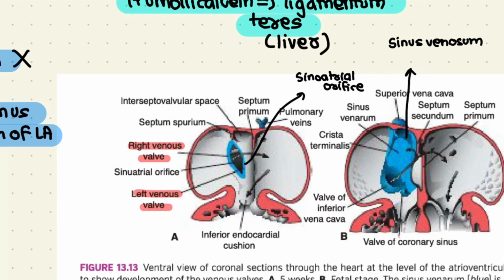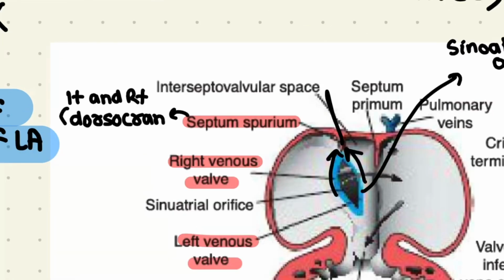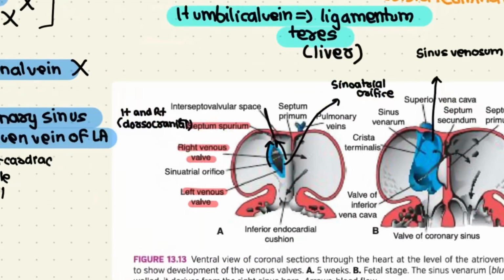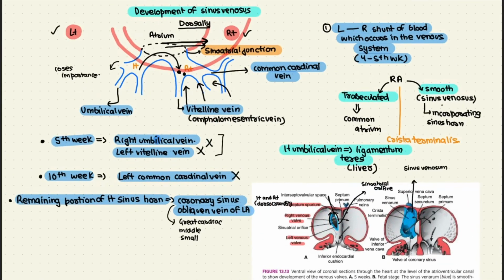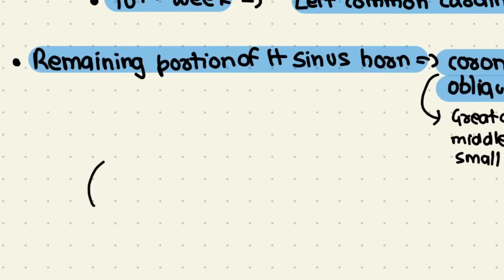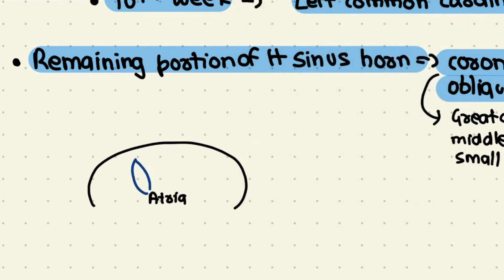Now these two venous valves, the right and the left venous valve, fuse dorsocranially to form a septum known as the septum spurium. The remaining portion of the left venous valve, along with the septum spurium, as we will see later on, if we draw this to be the common atria and we are incorporating the sinus venosus, this is the septum spurium, and this will be the developing septum primum.